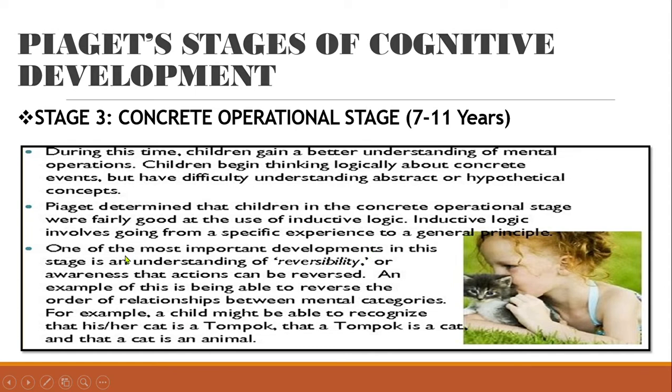One of the most important developments in this stage is an understanding of reversibility, or awareness that actions can be reversed. An example of this is being able to reverse the order of a relationship between mental categories. For example, a child might be able to recognize that his or her cat is a tompok, that a tompok is a cat, and that a cat is an animal.